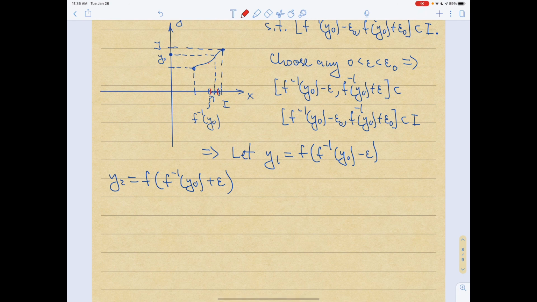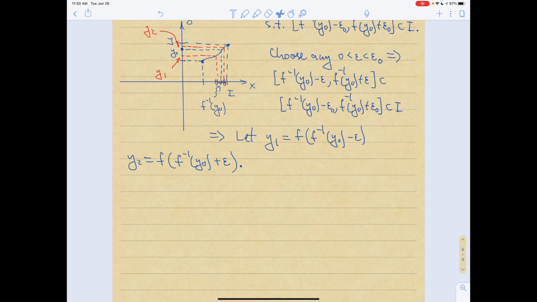Then if I apply f to those, I will end up on the y-axis somewhere here, and this number is going to be y1, and that number here is going to be y2.